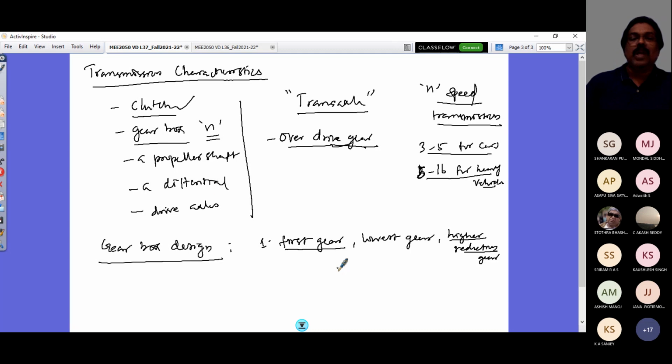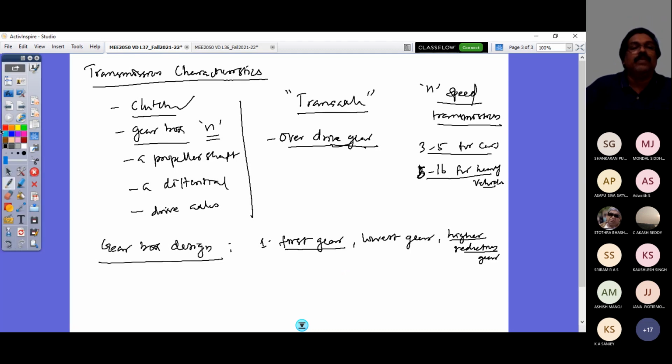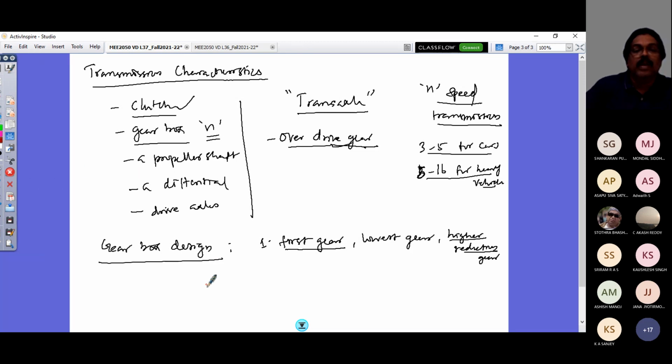So just now we derived an expression for the maximum tractive effort that can be developed for a rear wheel drive or front wheel drive vehicle, right? Let me write the expression for rear wheel drive.